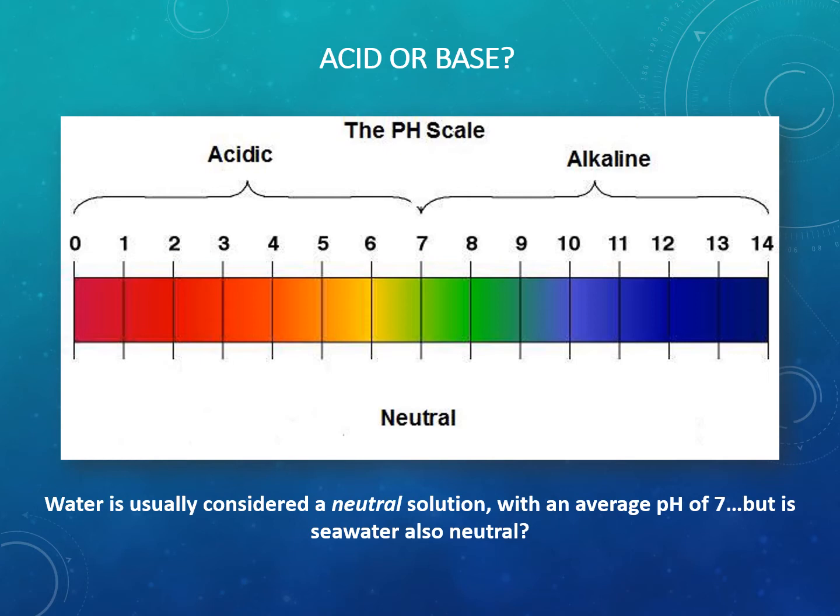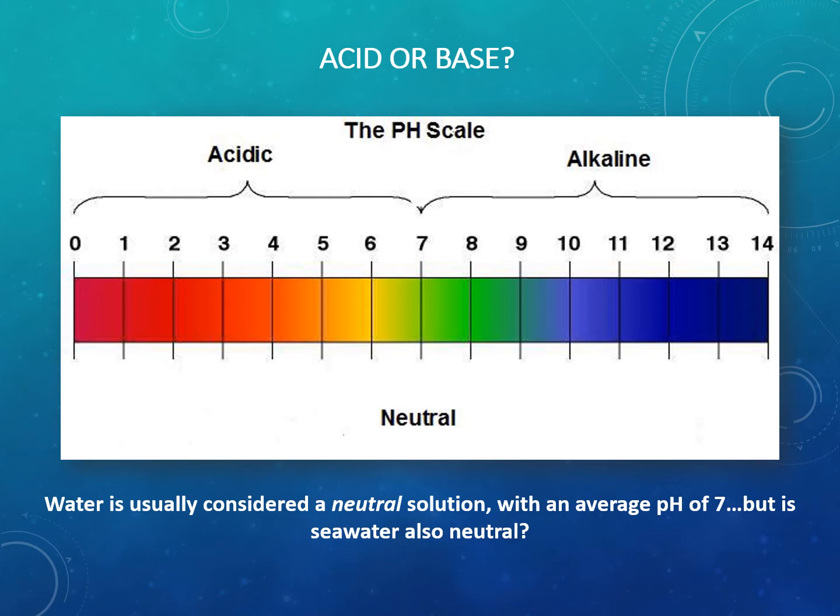The hydroxide ion is oxygen bonded to one hydrogen atom, so it has the structure OH with a negative charge. Hydrogen as an ion has a positive charge. You combine both of these together to make water, H2O. So pure water is considered neutral because it has equal amounts of hydrogen and hydroxide in its solution.